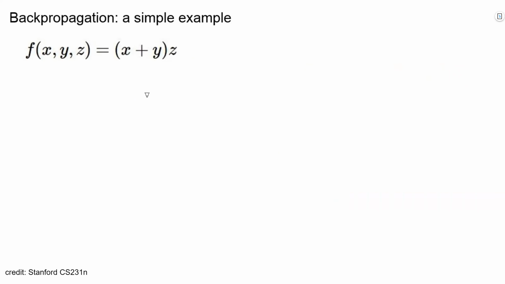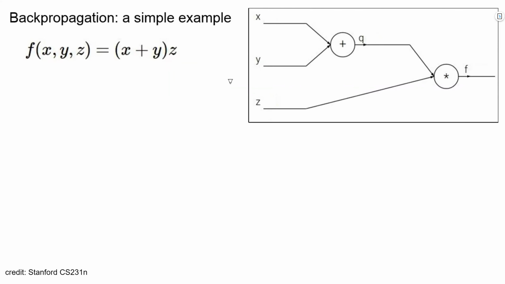I'm going to show you a very simple example. Let's say our function f receives three variables, x, y, and z. And we can represent this as this computational graph. x and y get added and result in q, and q and z are multiplied to get the final value, f.